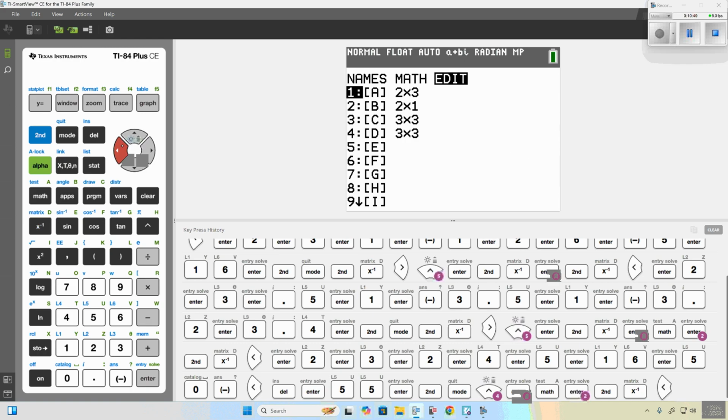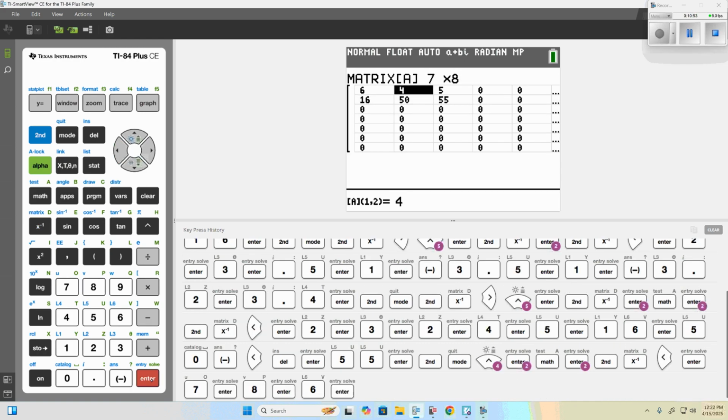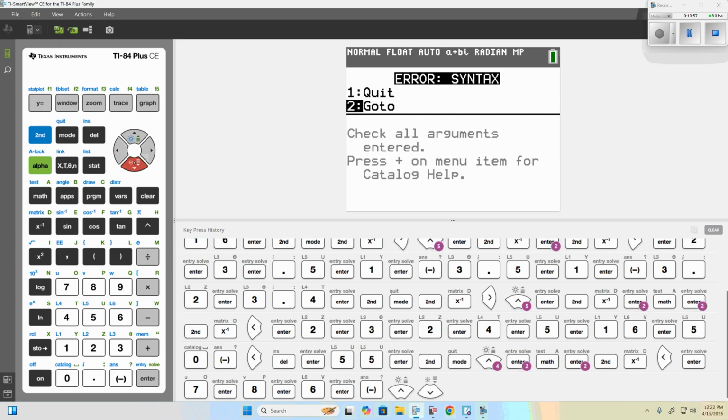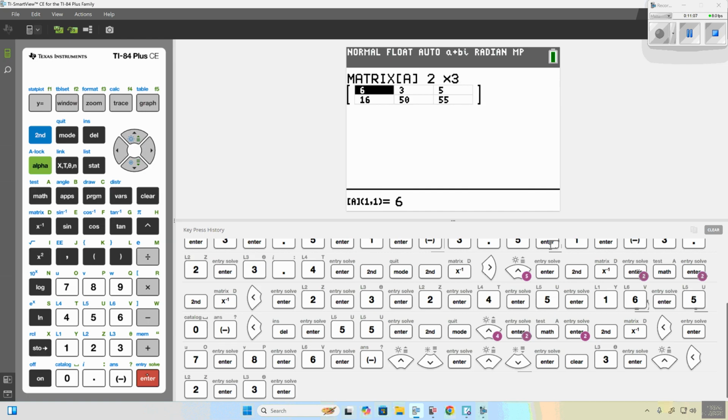Second matrix, over to edit, we have 7, 8, 6. Oh, no. Here I go to. We have a 2 by 3.